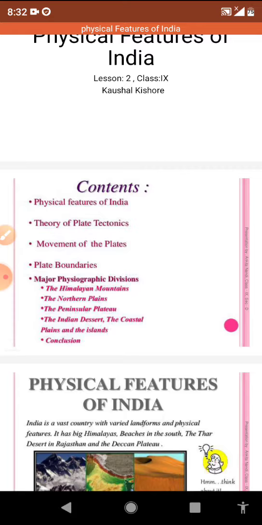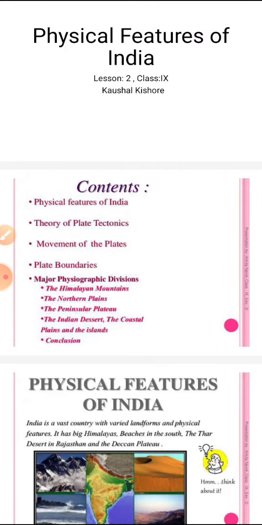According to this theory, the crust of the earth has been formed out of seven major and some minor plates, and these plates are always in motion. These plates are floating in a semi-solid layer of the earth known as the asthenosphere.